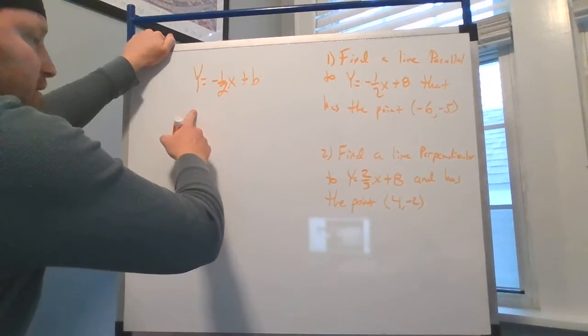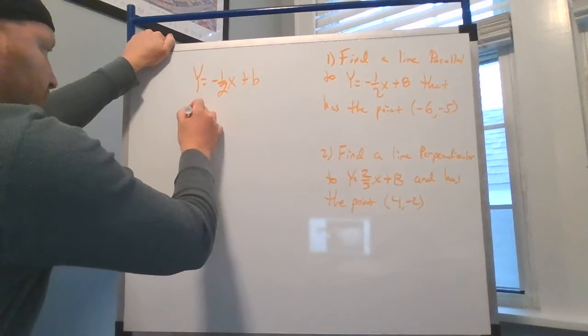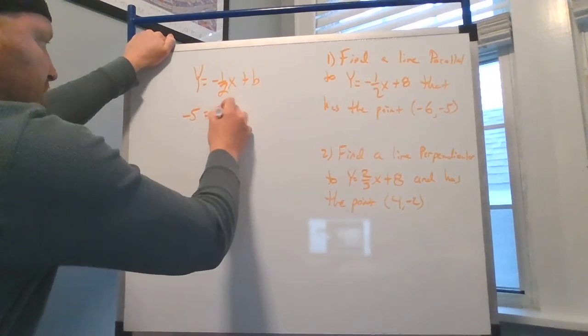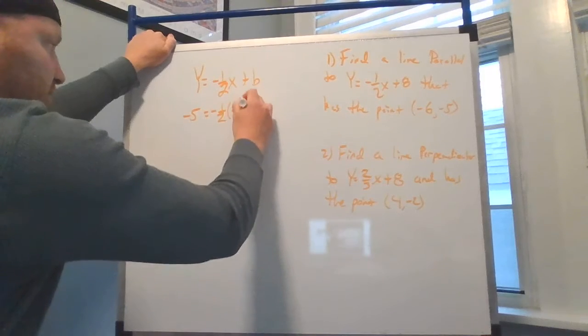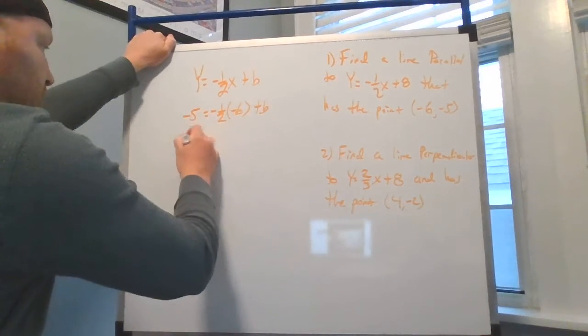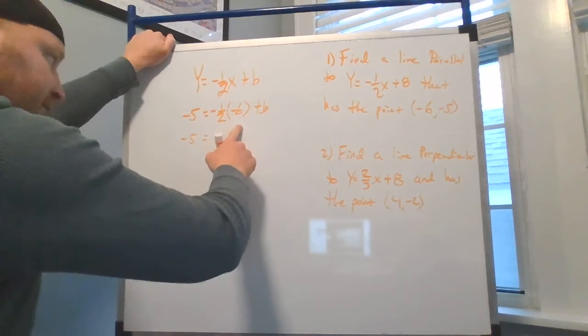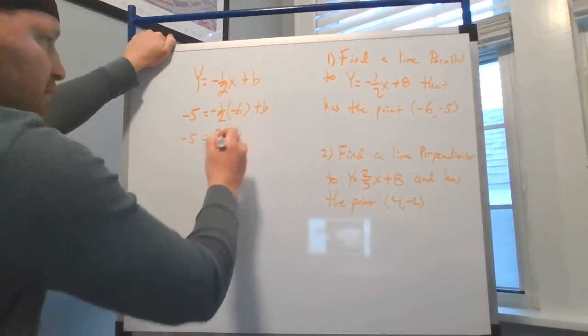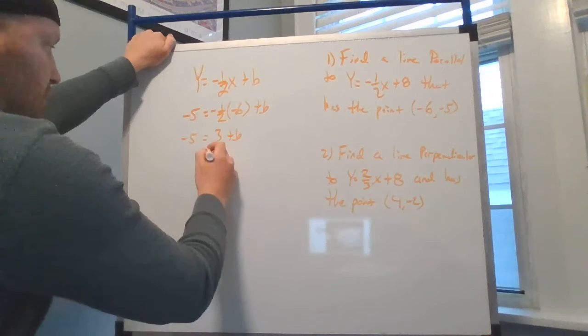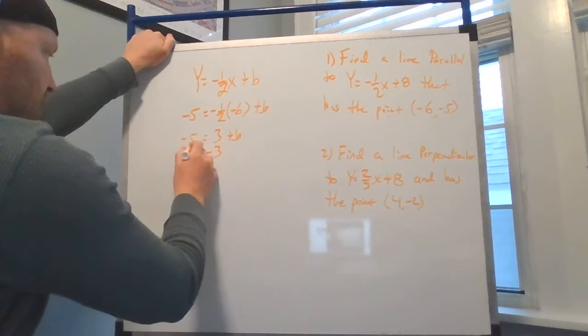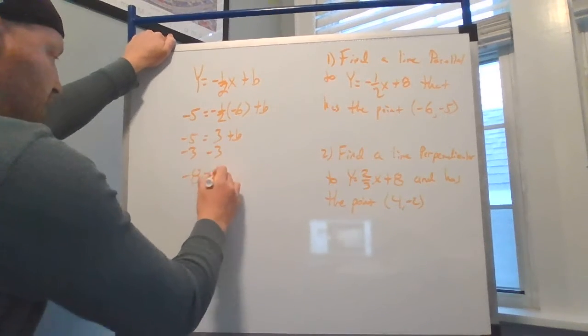y is -5, x is -6. So, -5 equals -½ times -6, which is positive 3, plus b. -5 minus 3, so -8 equals b.